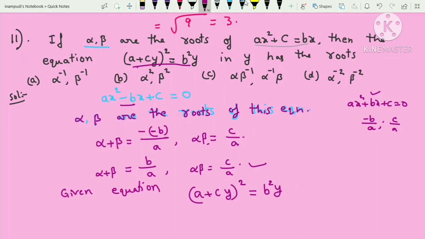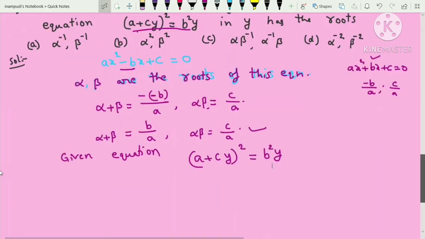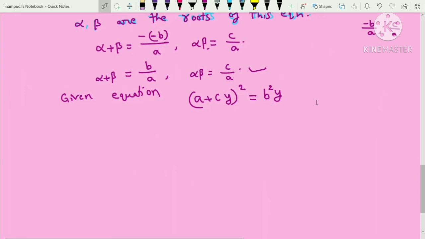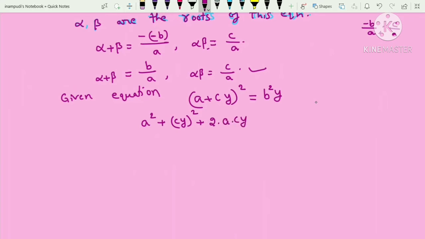If we simplify this equation, this is in the form of (a + b)². So a² + c²y² + 2·a·cy = b²y, that is, c²y² + 2acy − b²y + a² = 0.